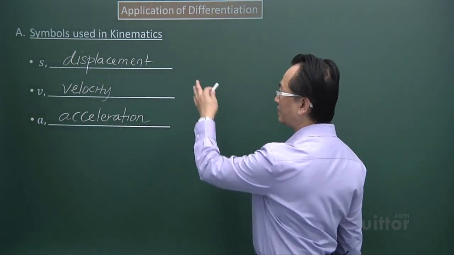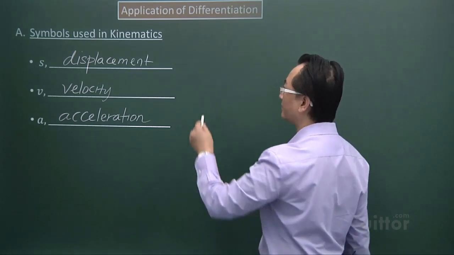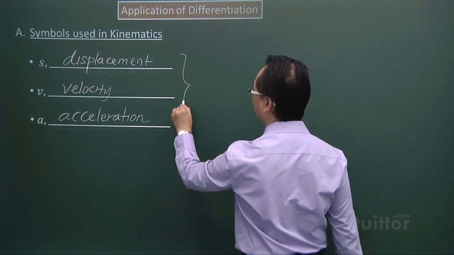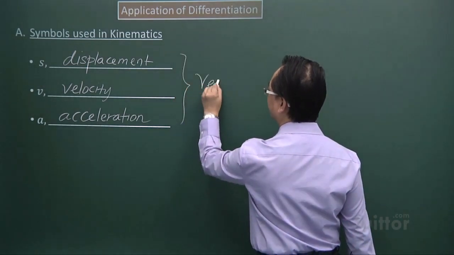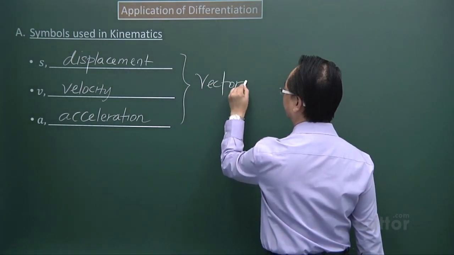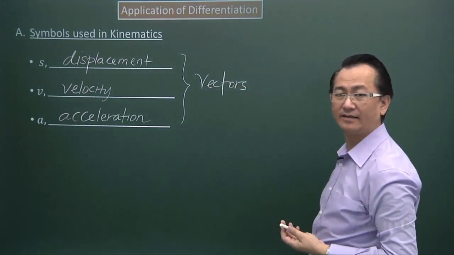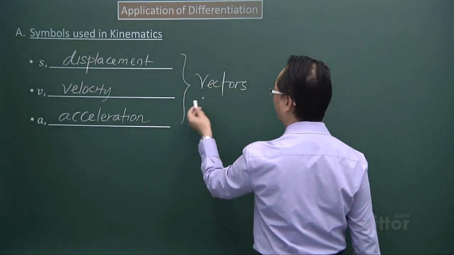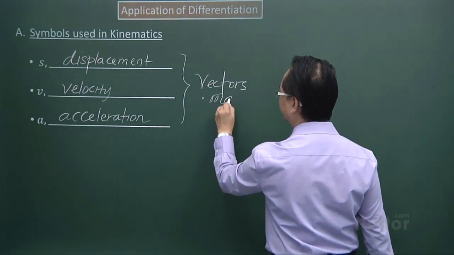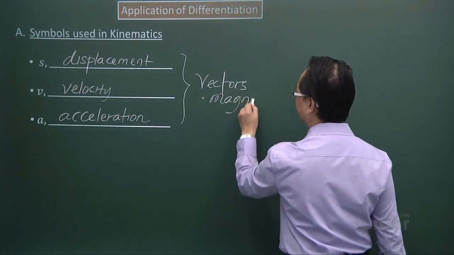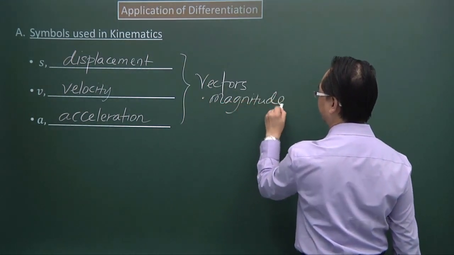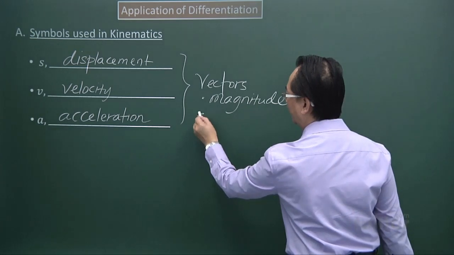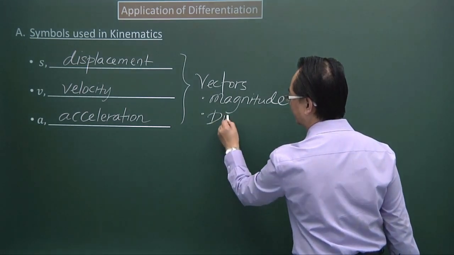Now, all these three quantities are actually vector quantities. What it means is that all these items here would have a magnitude and a direction.